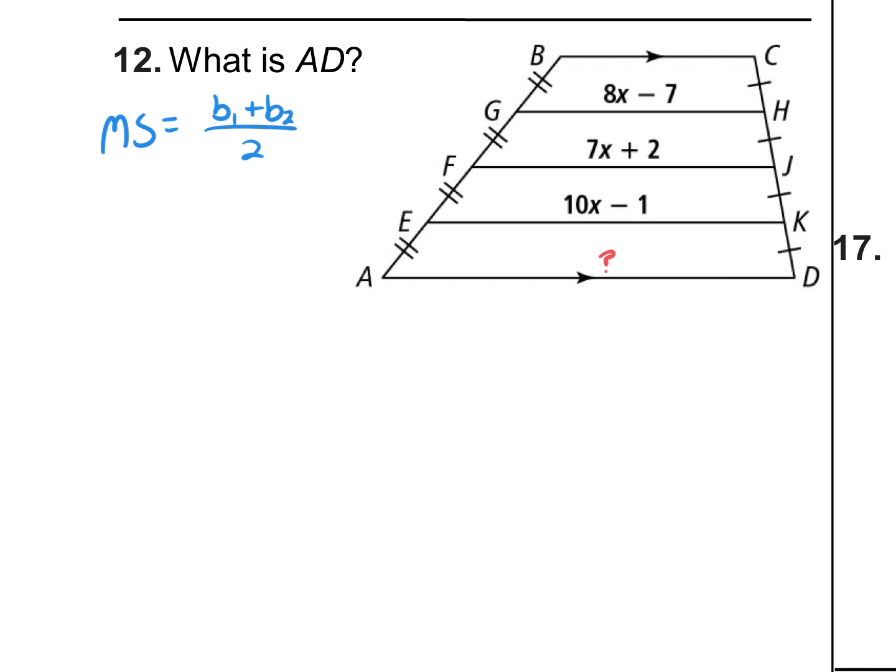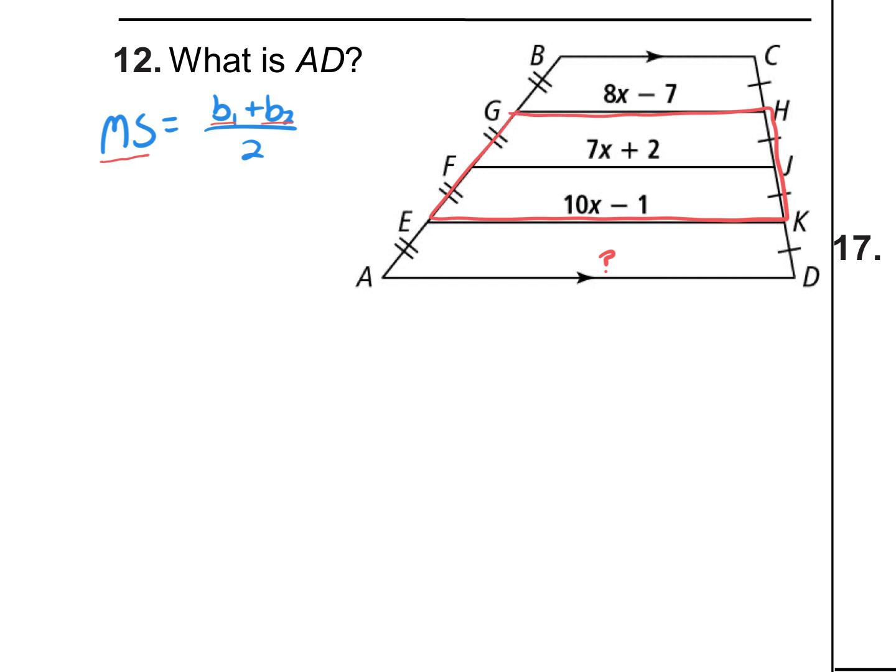Now, what you want to look for to find the value of x to help us is you want to find a trapezoid where I can plug in the mid-segment and both bases. Okay, do I have all three of those things? I do, right? So some of us are probably looking at this whole trapezoid. But do we see this smaller one on the inside?